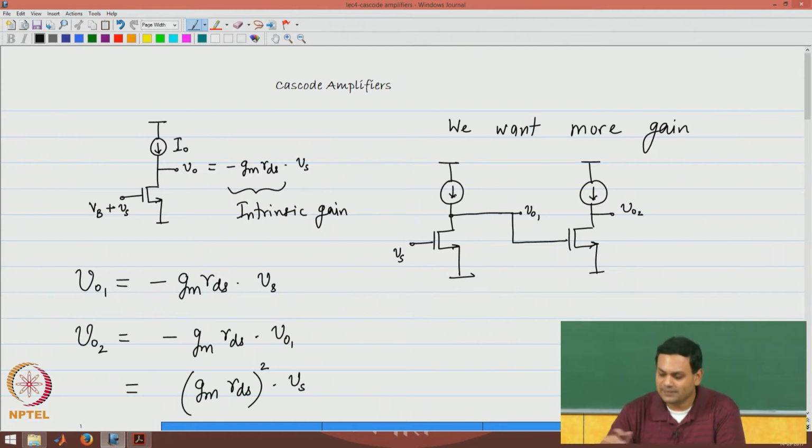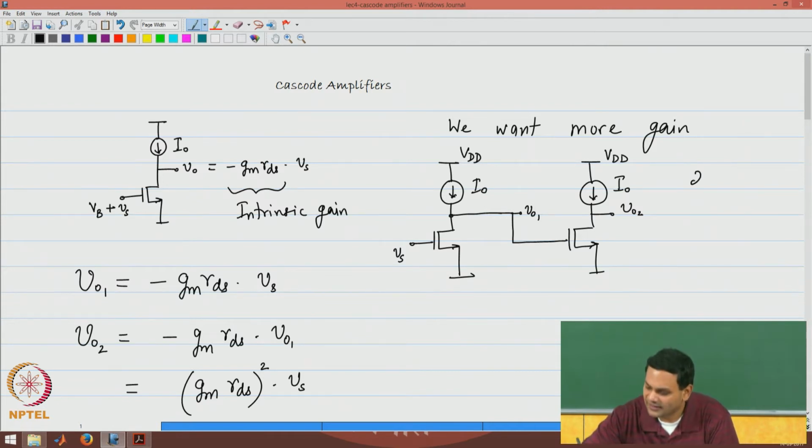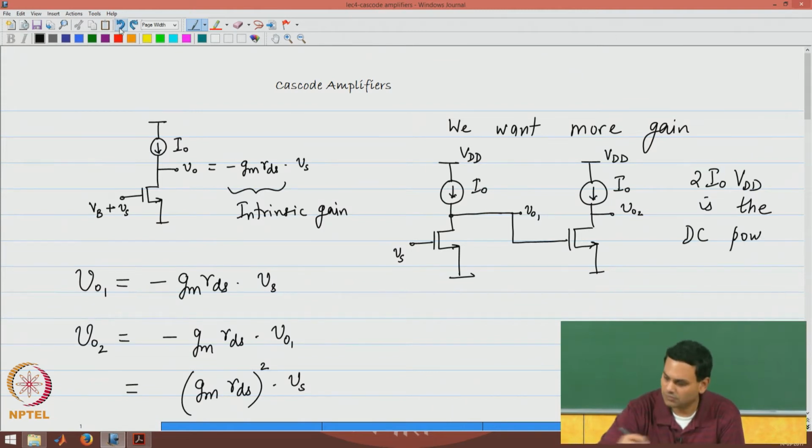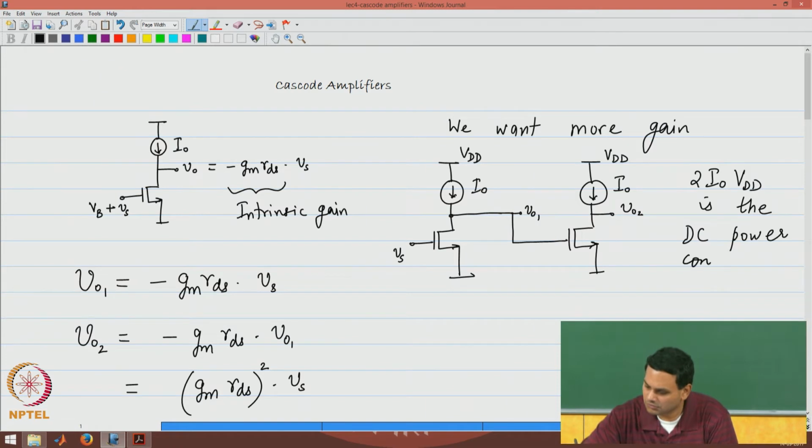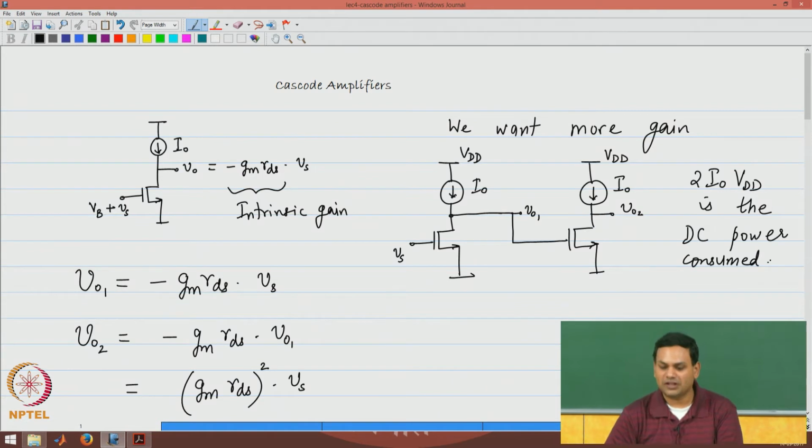Now, you can see that this particular circuit consumes a power of, let us say these two transistors were biased at a current I naught and the supply voltage was VDD. The DC power consumed by the circuit is 2 I naught VDD, because the original circuit consumed a power of I naught times VDD.